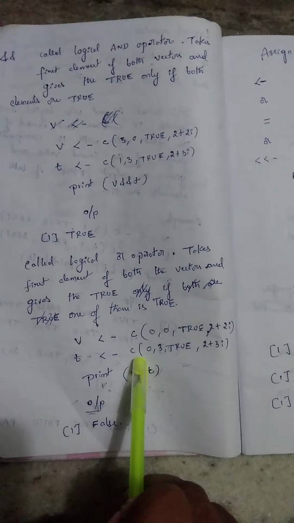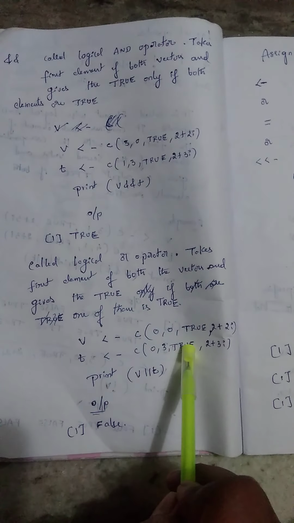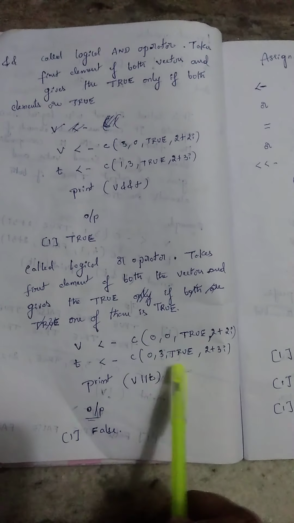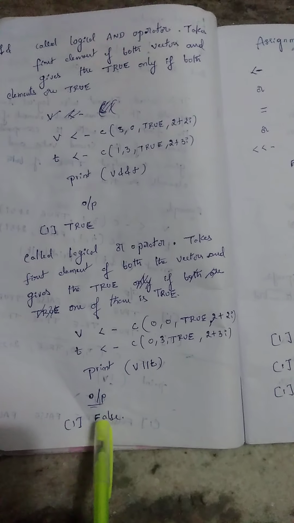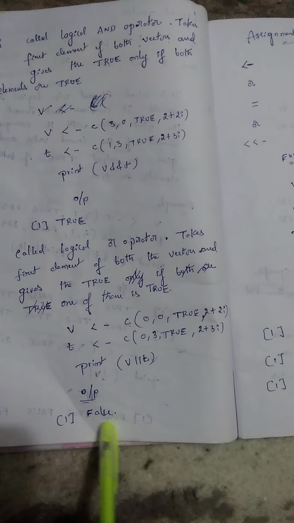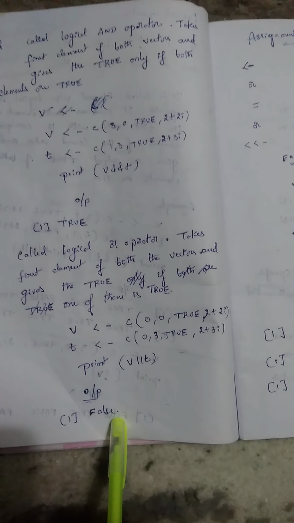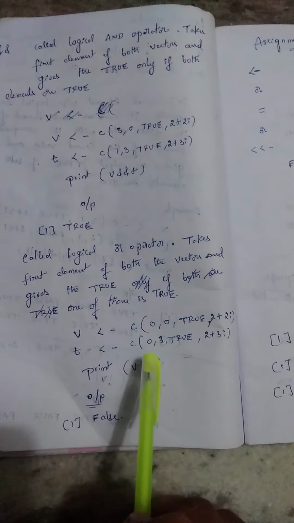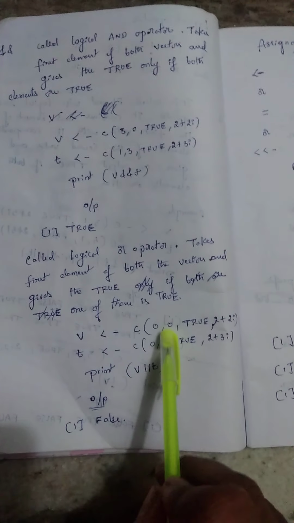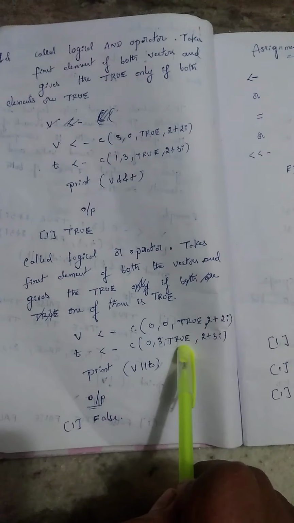If any one condition within this V vector or this T vector, while passing some elements in the C function, is true, the output must be in a true condition. If any one is false, it is in a false condition. One of them is true, we get a true; if one of them is false, it is automatically false, because already we gave a true condition here, alternatively we get a false.